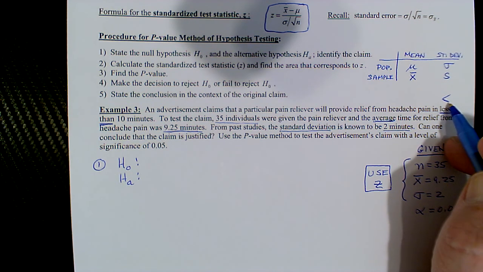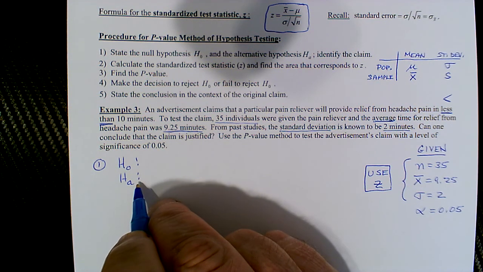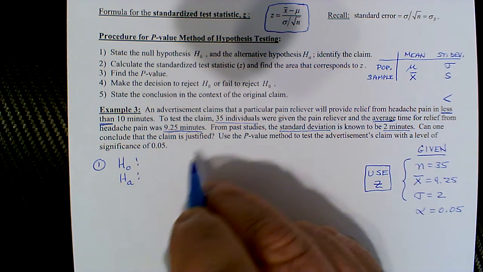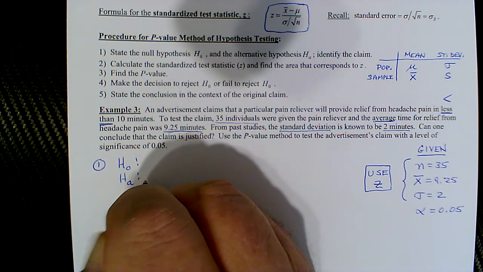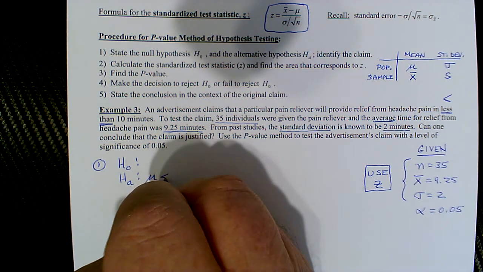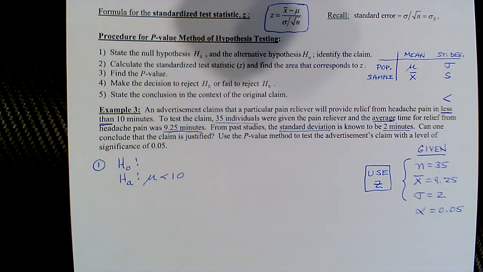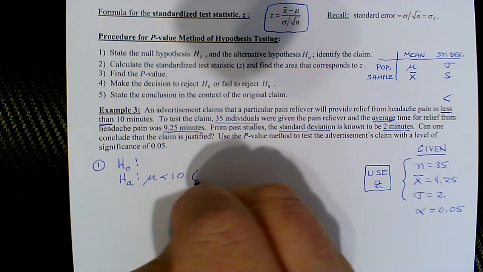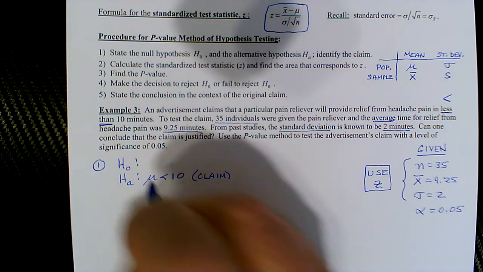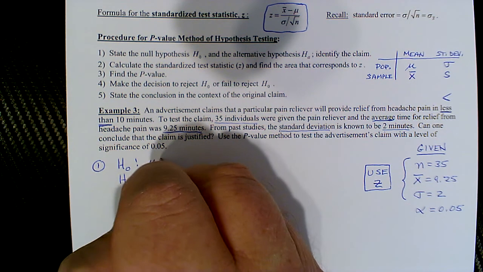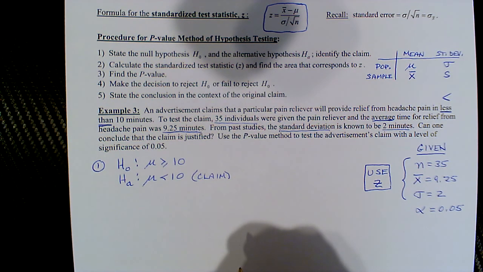This is strictly less than, so that's going with HA. Talking about the mean or the average time, so the mean of the population mu is less than 10 minutes, that's going to be the claim. And so therefore the null would be mu is greater than or equal to 10 minutes.